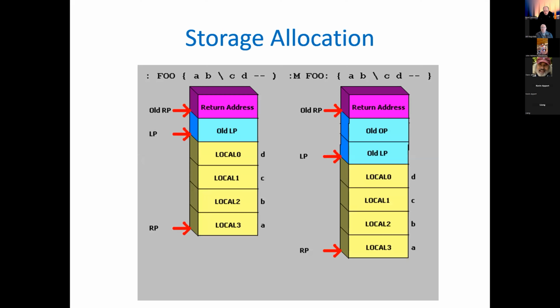This is the internal allocation that's done in Win32 Forth. The one on the left is a normal usage of locals. In this case, on the return stack, the first value on the return stack is what the stack's address was originally, for restoration. And then there's a local pointer, which is saved on the return stack.